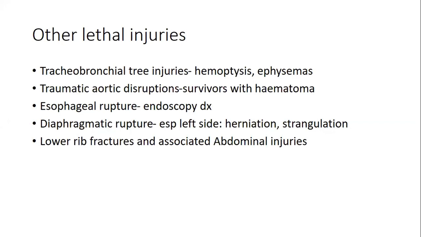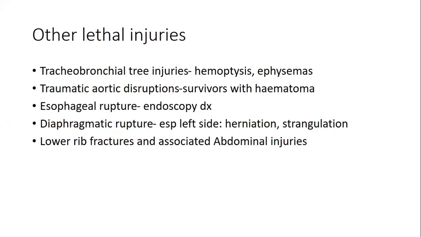You could have traumatic aortic disruptions. These are usually fatal injuries if severe. For the survivors, usually there is a hematoma held in by the tunica. Esophageal ruptures, diagnosed with endoscopy, are also common in severe chest trauma.